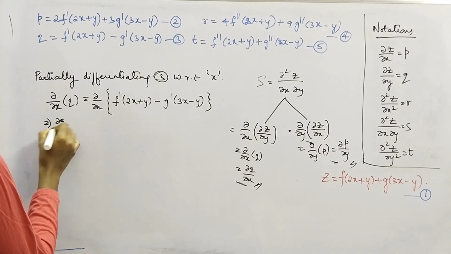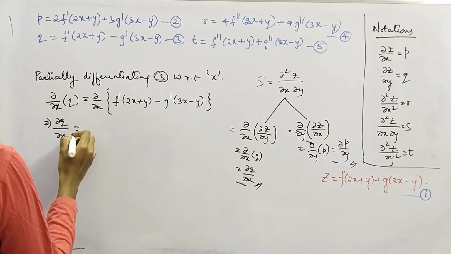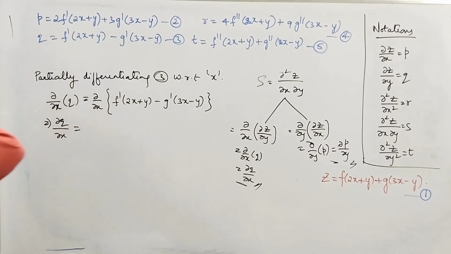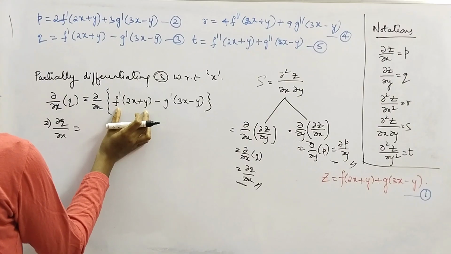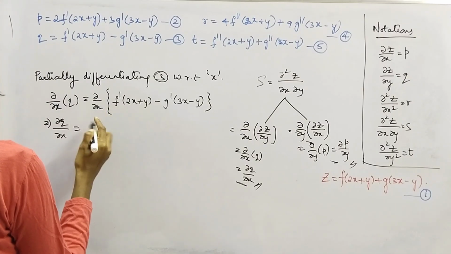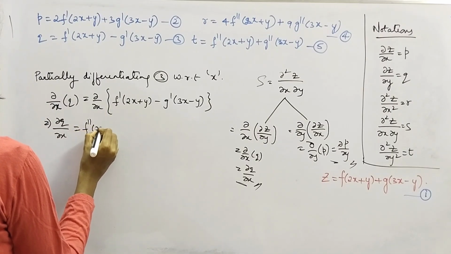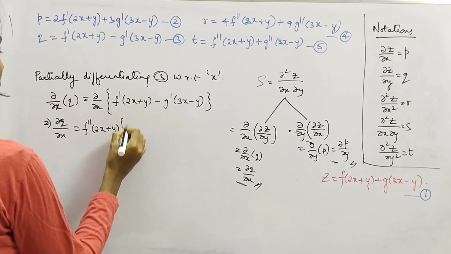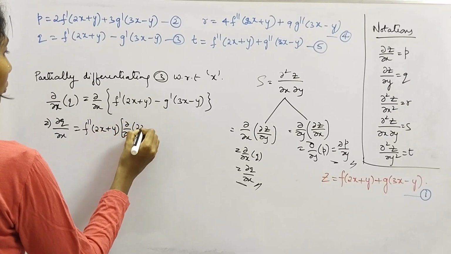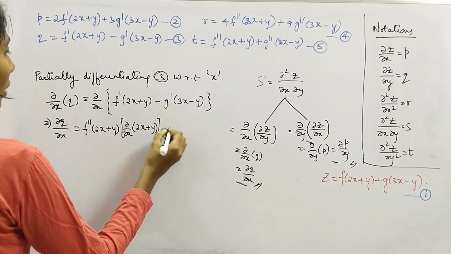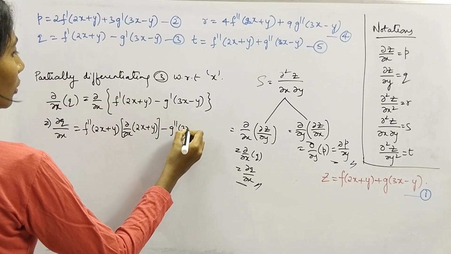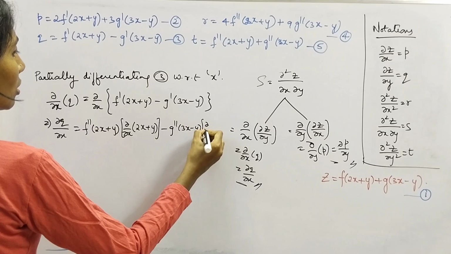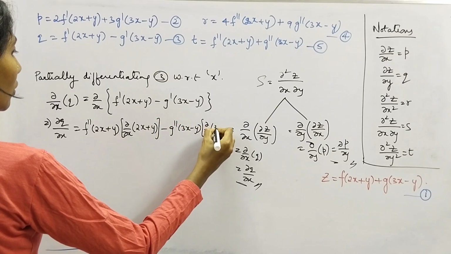This gives us ∂q/∂x equal to partial. Here we are partially differentiating with respect to x, so we'll treat y as constant. Okay. Now partial derivative of f' of 2x plus y with respect to x is f'' of 2x plus y into inner derivative with respect to x, minus partial derivative of g' with respect to x is g'' into inner derivative, with respect to x.